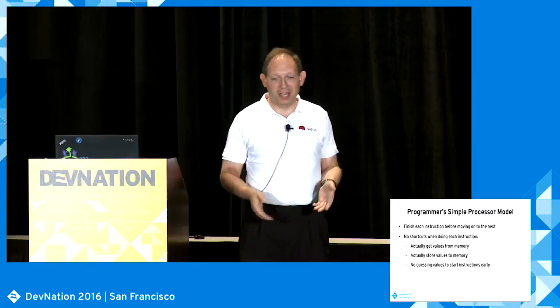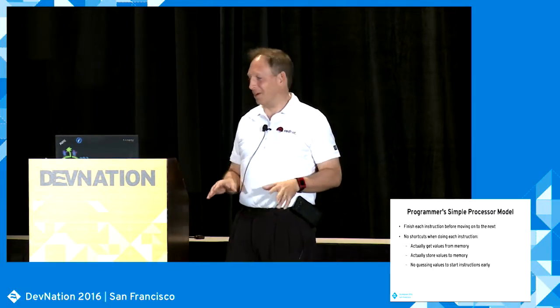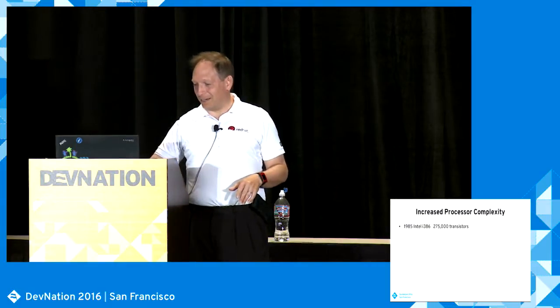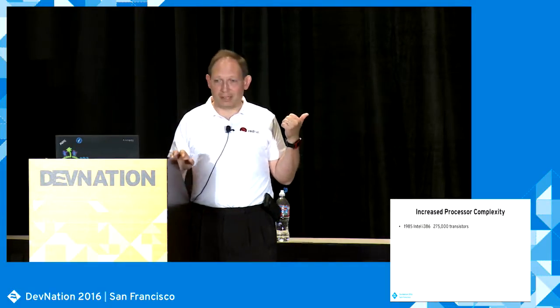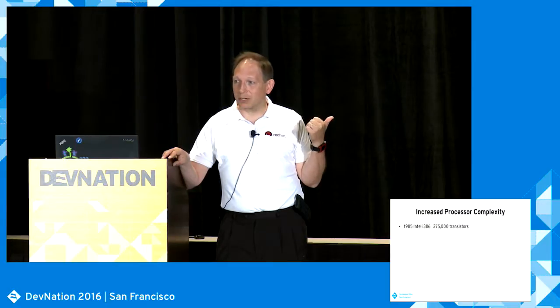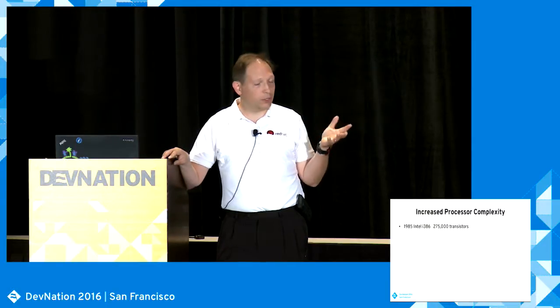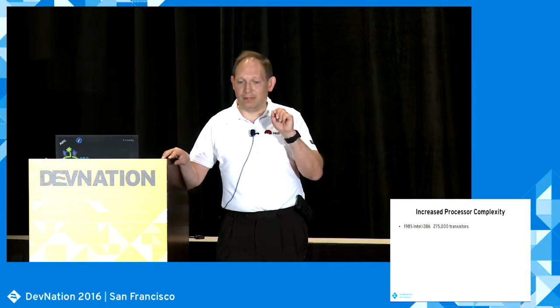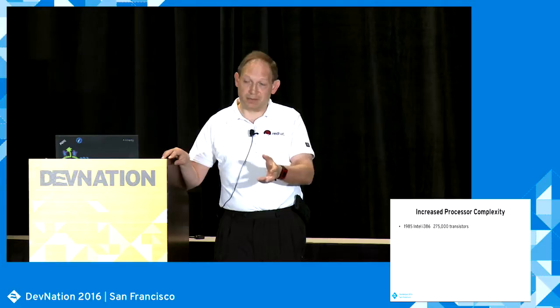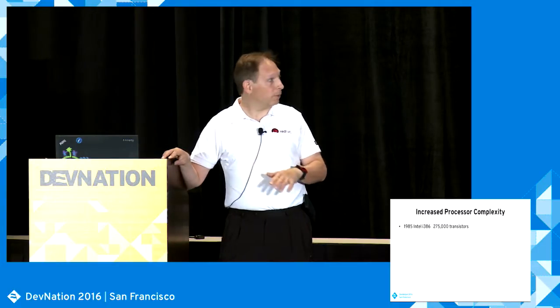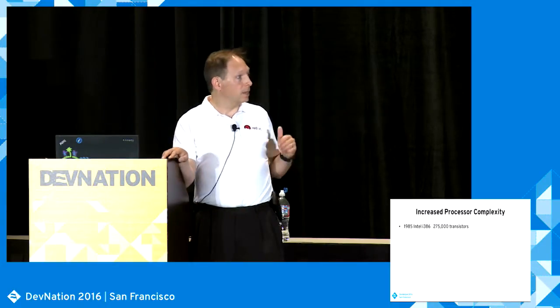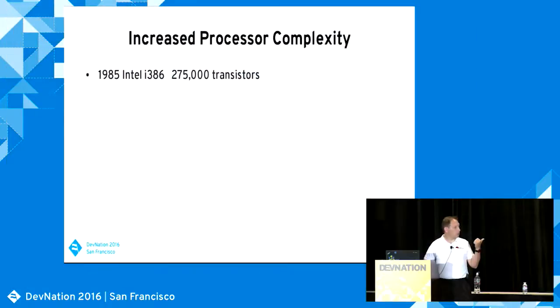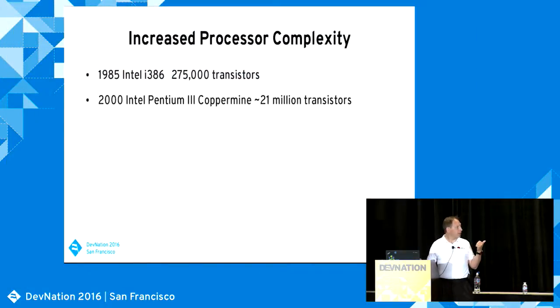I mean, pretty much, you want to keep things simple, right? And if we take a look at the original i386 processor, it had 275,000 transistors in it. And pretty much, that's the model that it used. It would go through, and if the instruction said read something from memory, it'd read something from memory, and then move on to the next one, right? That was 30 years ago or thereabouts. And then you take a look at the 2000 Pentium 3 Coppermine.